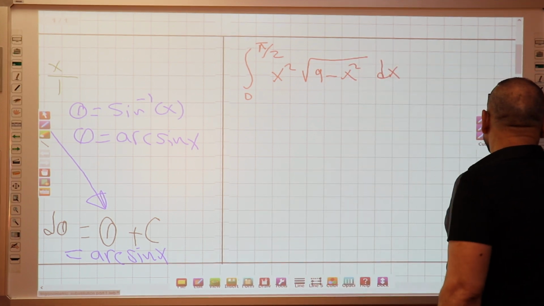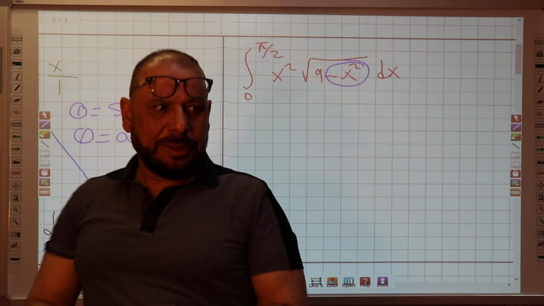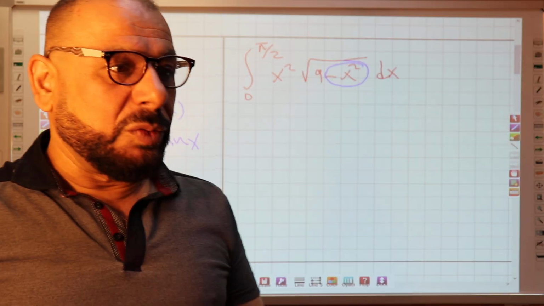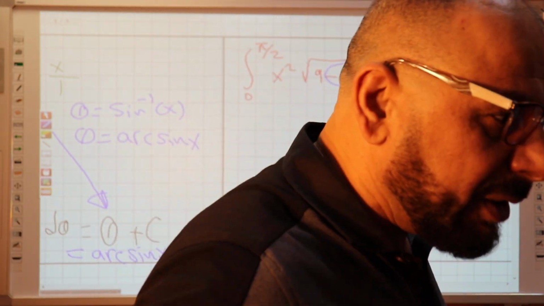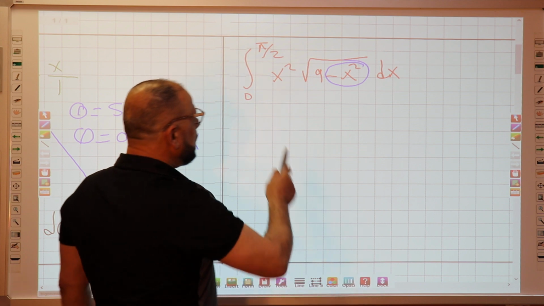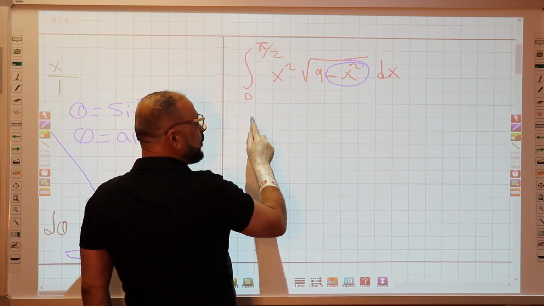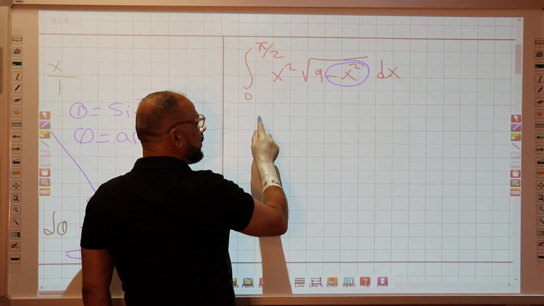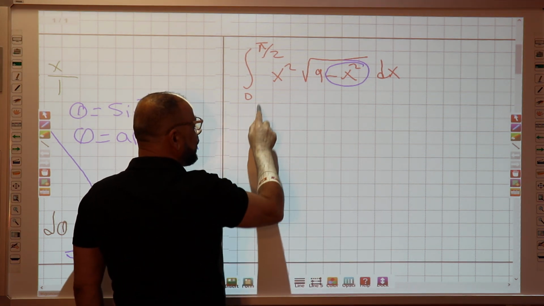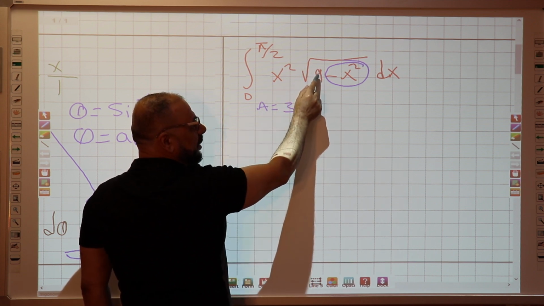What do I have? I have negative x squared, which means which trig substitution am I going to use? Sine, right? Then what is my substitution? What's a? A is 3, because we have 9 here, and 3 squared is 9.